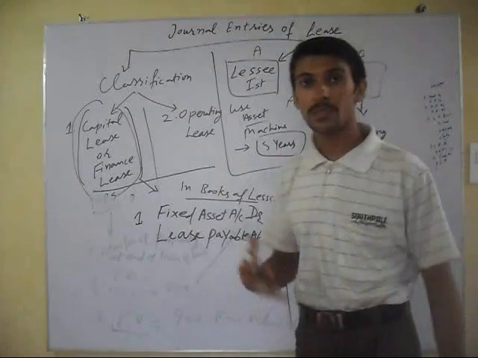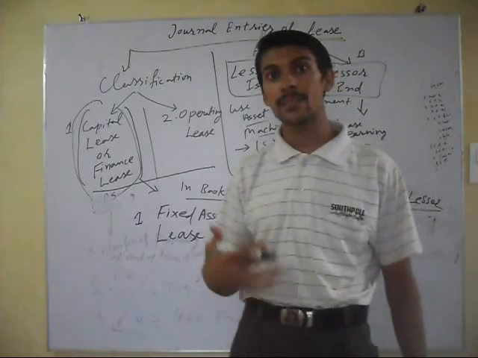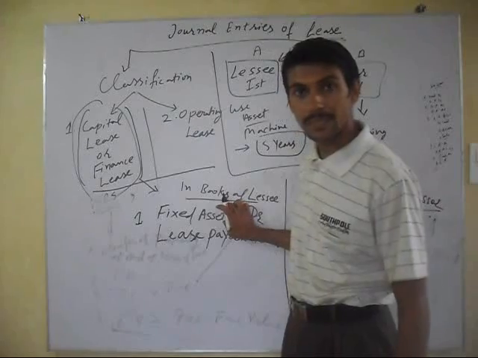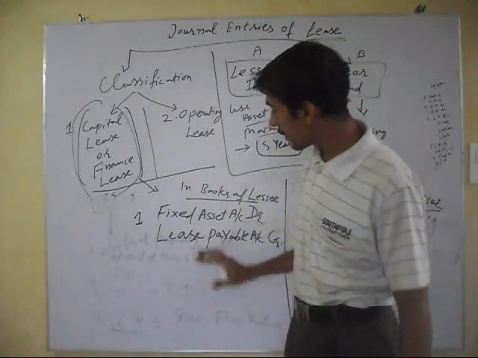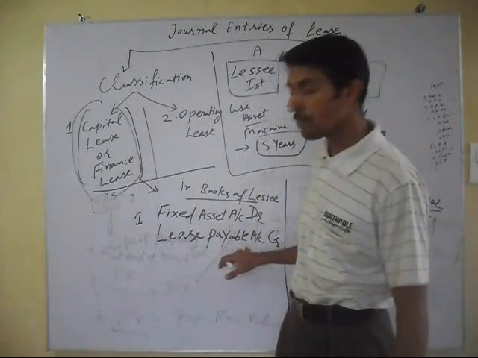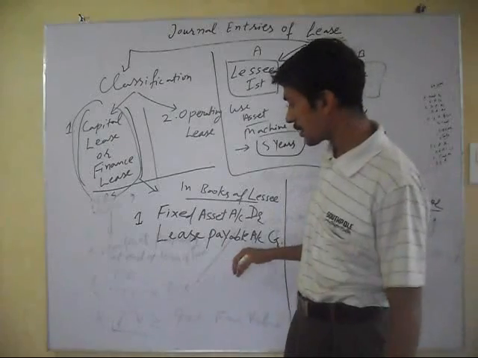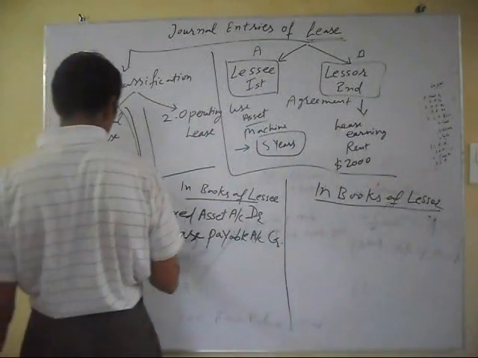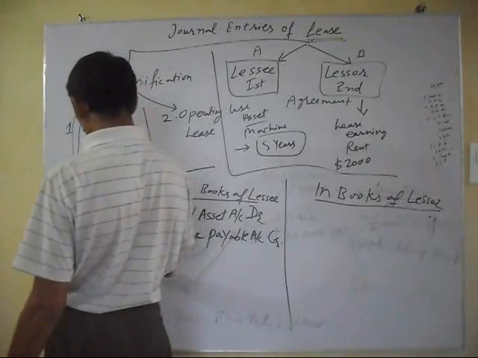It may be 5 years, 6 years, 10 years, or 20 years. So this is the increase of assets, so we will debit the fixed asset. We have to pay the amount of lease, so this account will be credited. This is the beginning of the time.